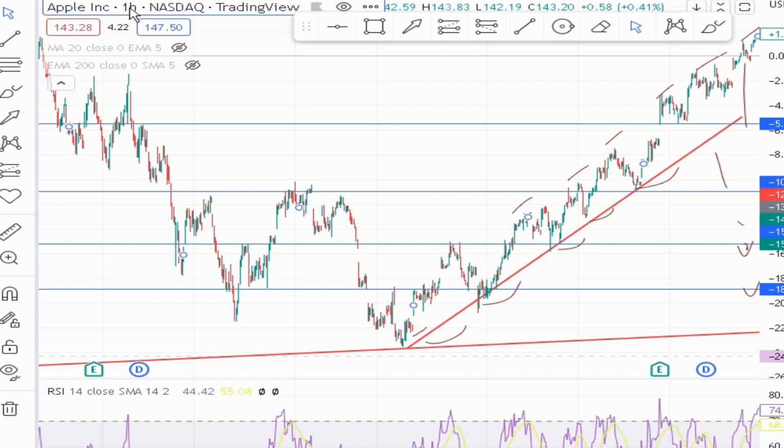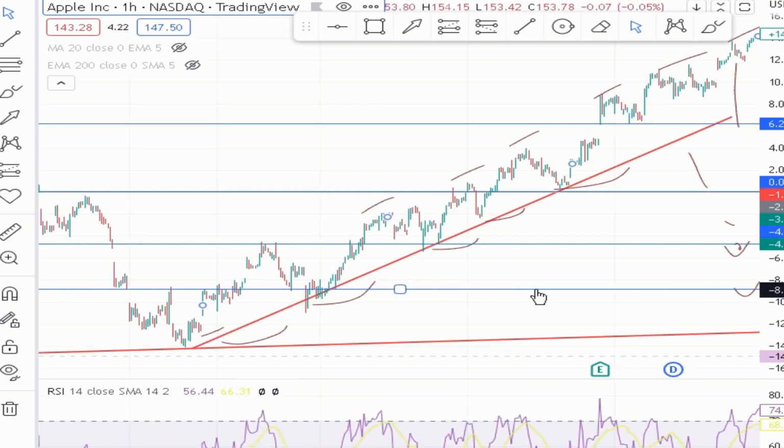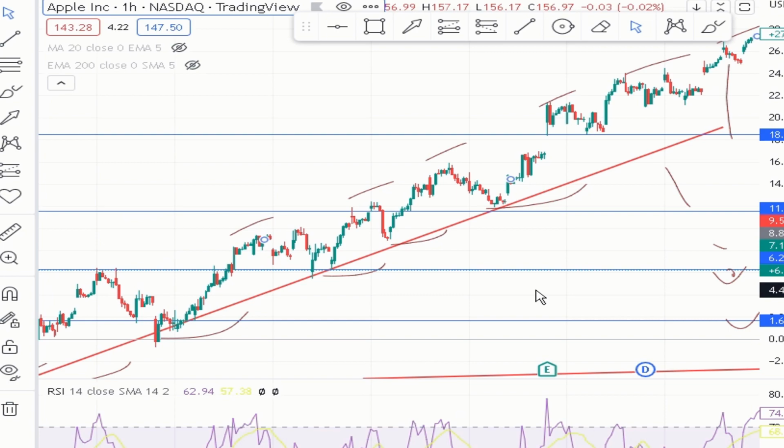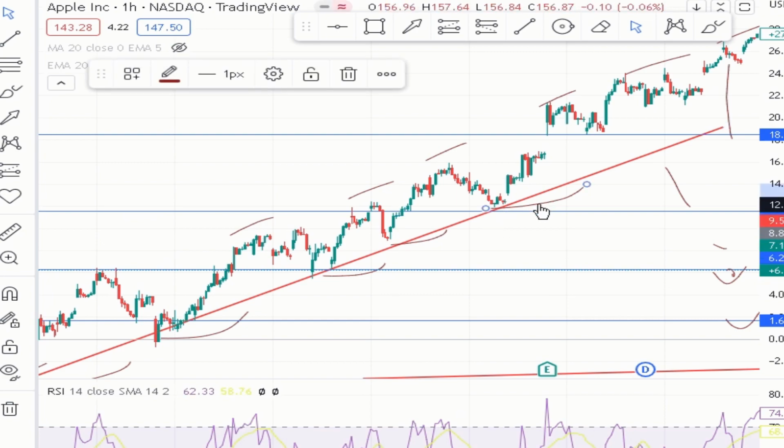Let's say this is a 1 hour time frame. If you are trading in 1 hour, then you're respecting this, you're drawing those lines. Whereas if you're trading in 5 minutes or 3 minutes, I'm sure the lines are going to be different, with different alignment and different areas. So that's one thing you have to remember.